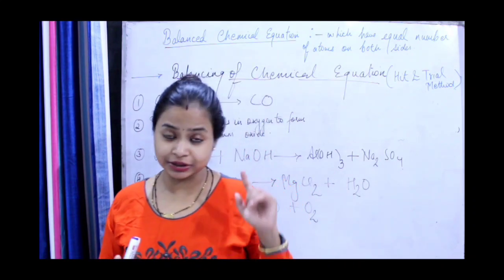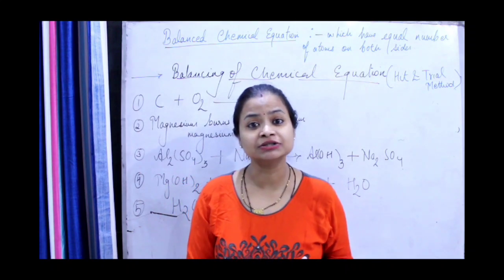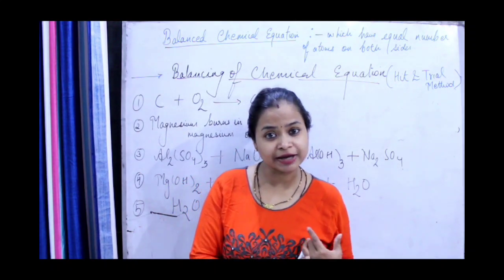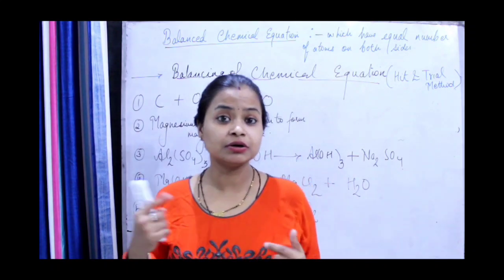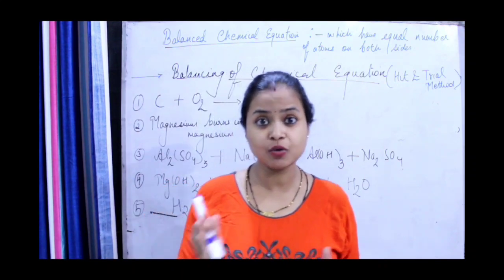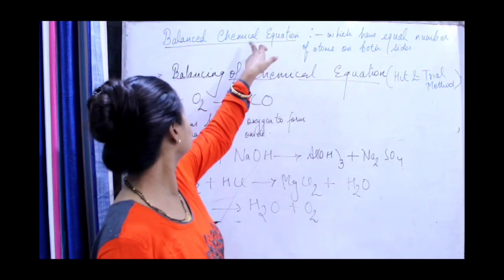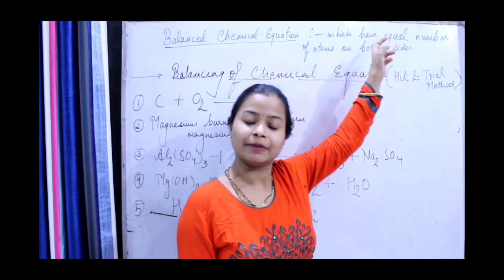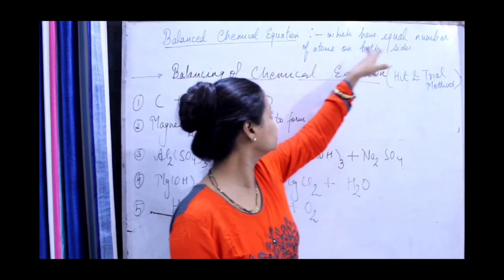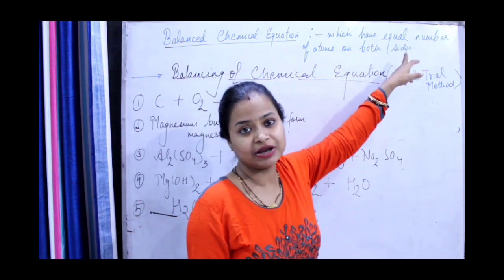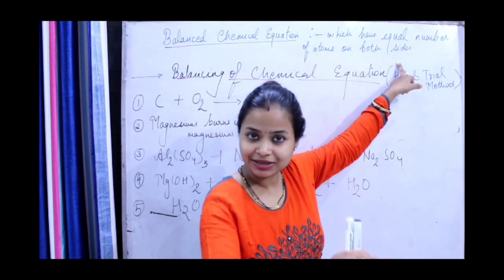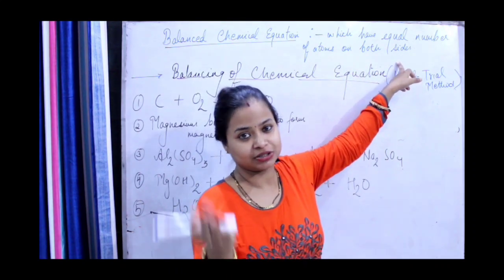I already told you in the beginning, in a chemical reaction only rearrangement of atoms occurs, not the formation of new atoms. Okay, only rearrangement of atoms occurs. So a balanced chemical equation is the chemical equation which has an equal number of atoms on both the sides. When I am saying both sides, that means on the reactant and on the product side.